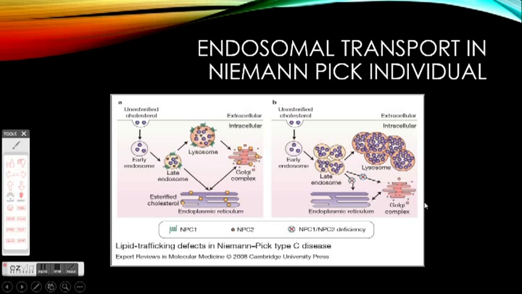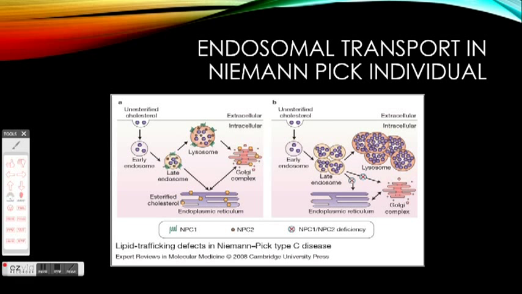In this diagram, we look at the differences between a regular individual's cholesterol intake and an individual suffering from Niemann-Pick type C. Type A shows endosomal transport in an individual who is not affected with Niemann-Pick disease.